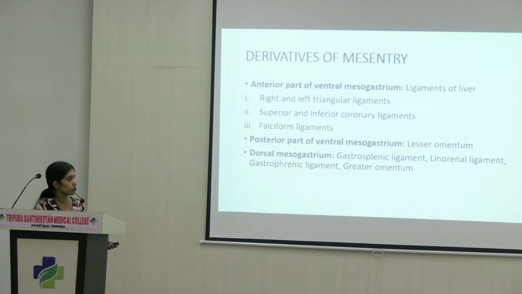So from the anterior part of the ventral mesogastrium, we have right and left triangular ligaments followed by superior and inferior coronary ligaments and falciform ligament. These are the three ligaments of our liver.